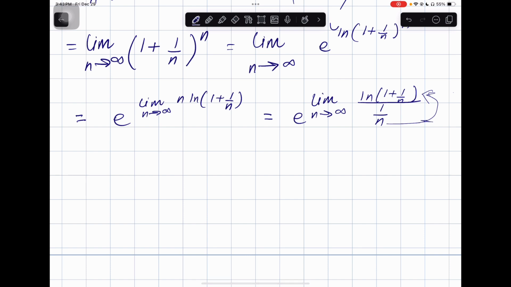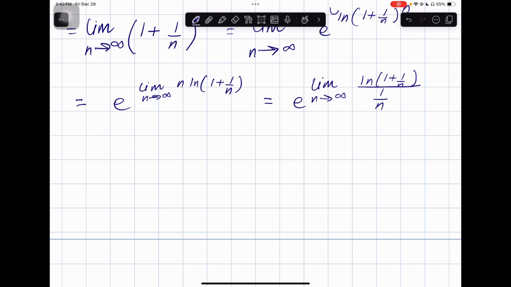The reason I'm doing this is because now, if you were to insert the value of infinity here, we would have 0 over 0, since ln 1 is equal to 0, right? Yep, ln 1 is equal to 0.